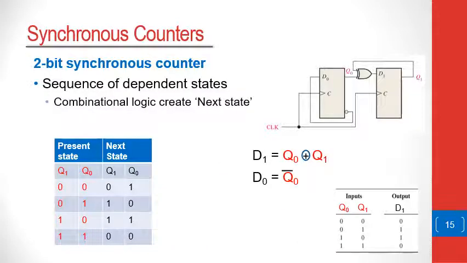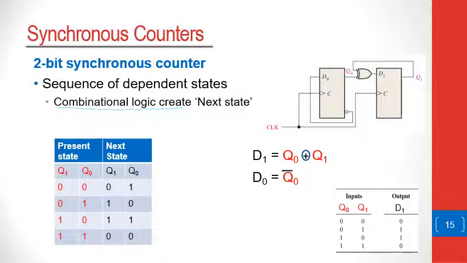For now, we look at an example of a 2-bit synchronous counter. The counter has a sequence of dependent states, and the key here is that a combinational logic circuit creates the next state.